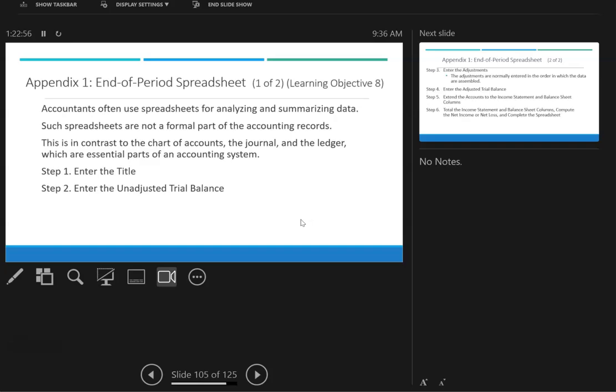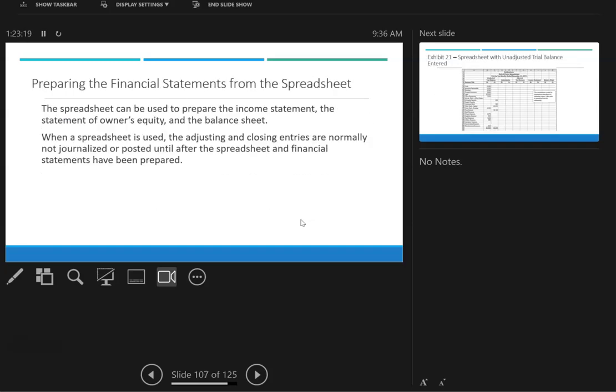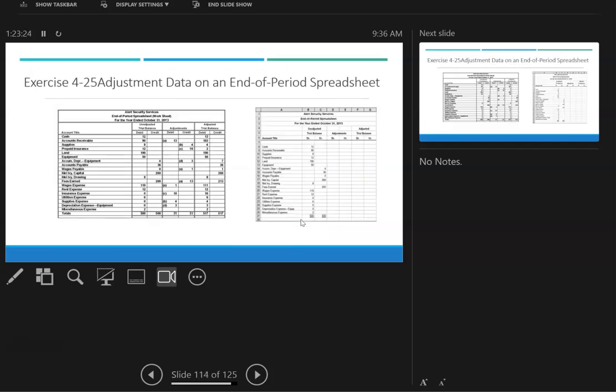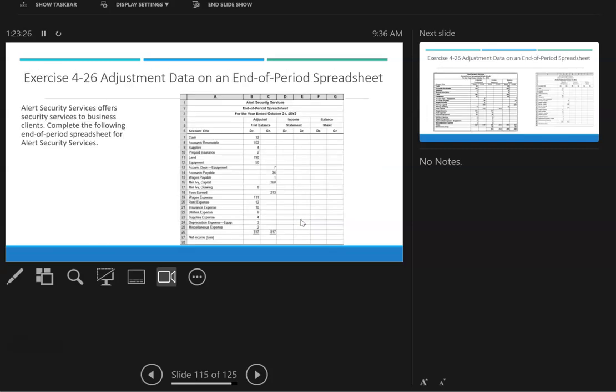Know that ratios are helpful, and we're going to learn about some at the very end of the course, one of the last chapters. But ratios are really important in helping to analyze the information that comes from financial statements. I think that's pretty much everything I want to cover.